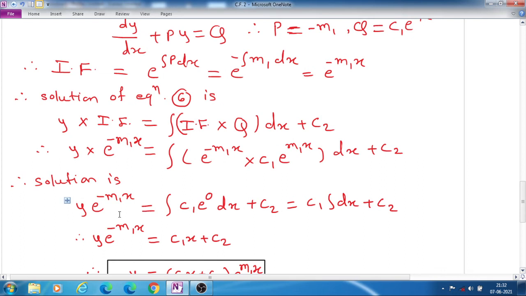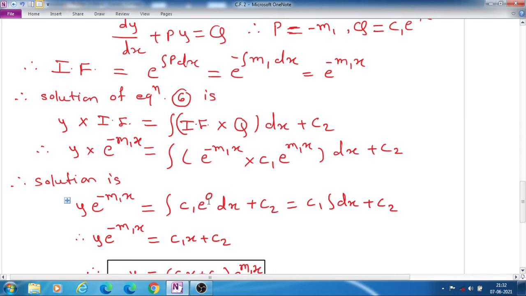Now e raised to minus m1x and e raised to m1x, on multiplication we add the indices, minus m1x plus m1x.